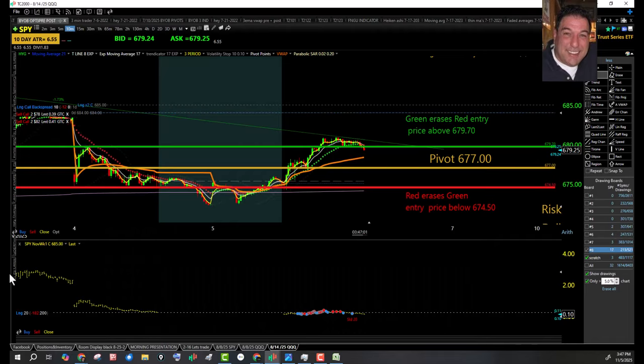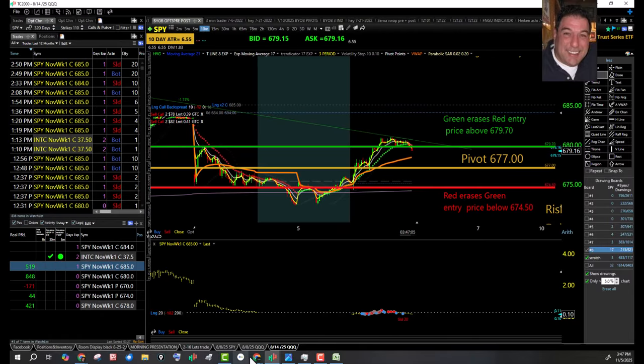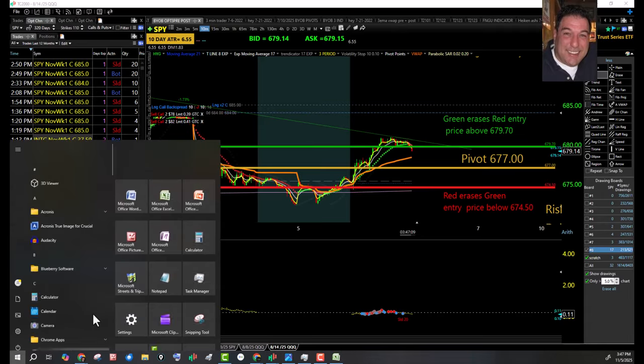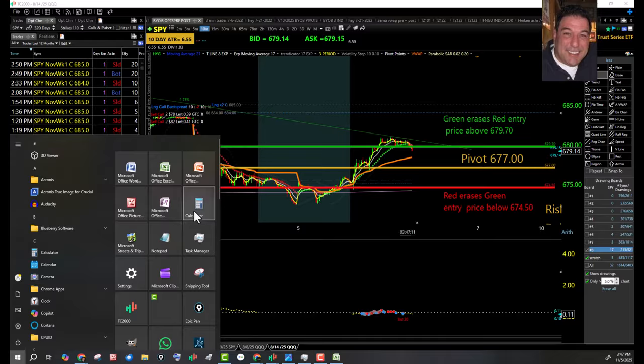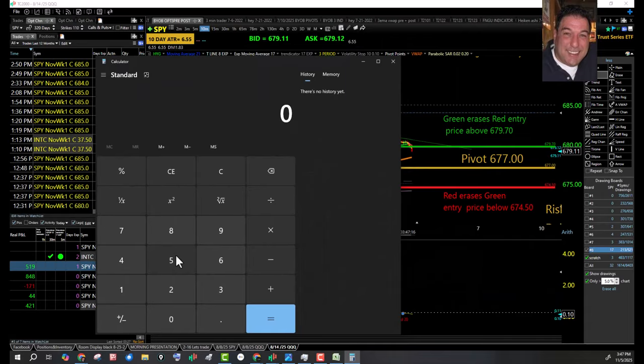And we can figure this out real quick, see what it actually is. All we got to do is grab the calculator and just add this stuff up. Okay, so 519 plus 848 plus 44 plus 421 minus 171 equals 1661.